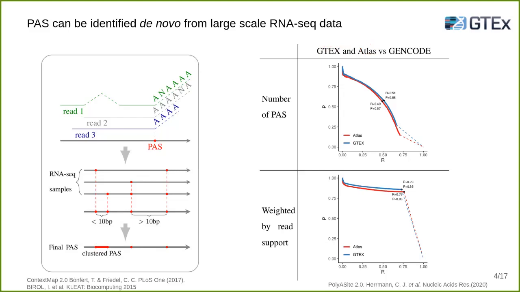As you can see on the right, precision-recall curves for comparison of both these sets to annotated transcript ends from GENCODE are very similar, which speaks to validity of our site set.